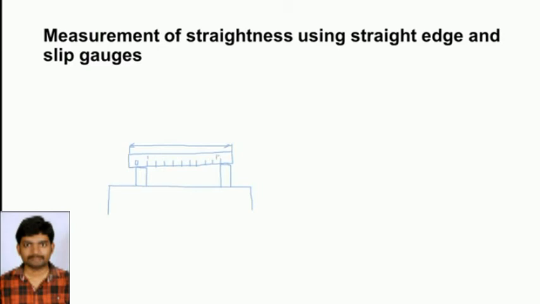Now the height of this particular slip gauge is say 10 millimeter, and the height of this particular set is say 11 millimeter. So we know the height at point number 0 is 10 millimeter, and at point number 10 the height is 11 millimeter.